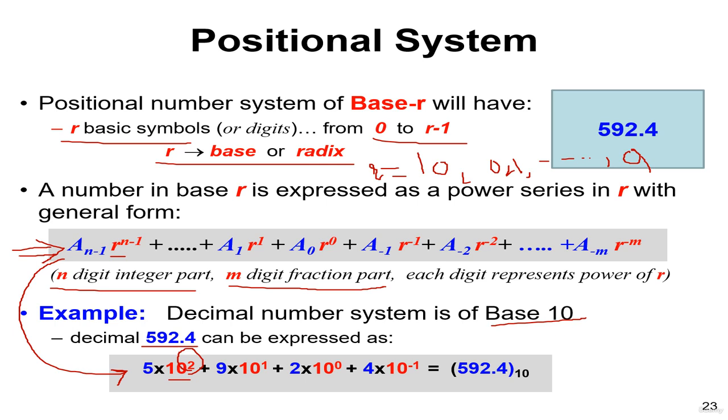Over here it is 3, so 3 minus 1 is 2, plus the second symbol, which is 9, multiplied by base, that is 10, raised to n minus 2, right? And similarly this would keep on repeating, and finally this would become plus 4 into 10 raised to the power minus 1, that is minus m, and m is 1.